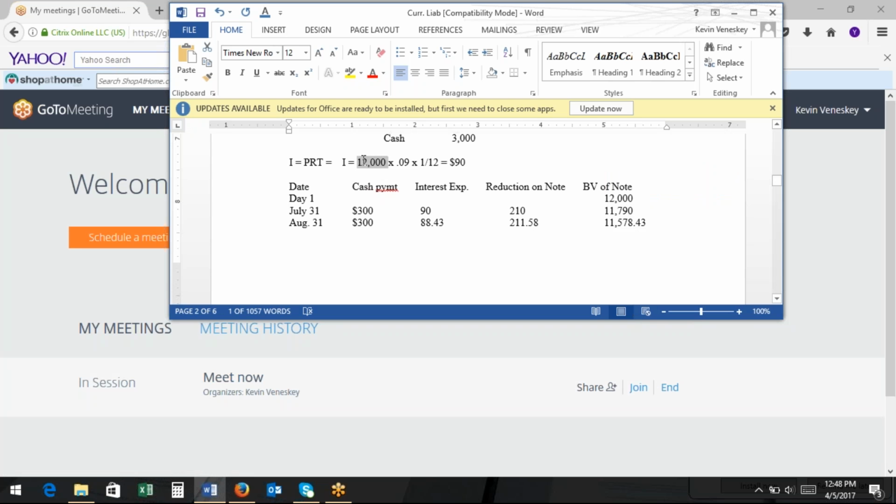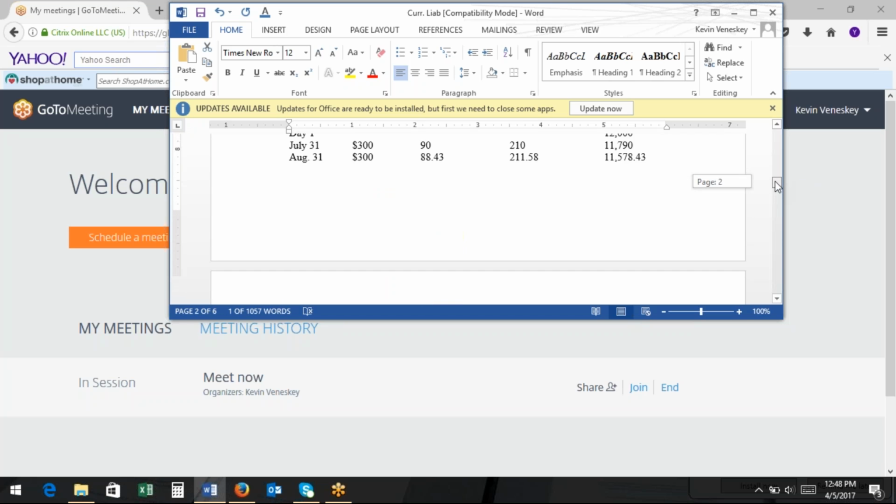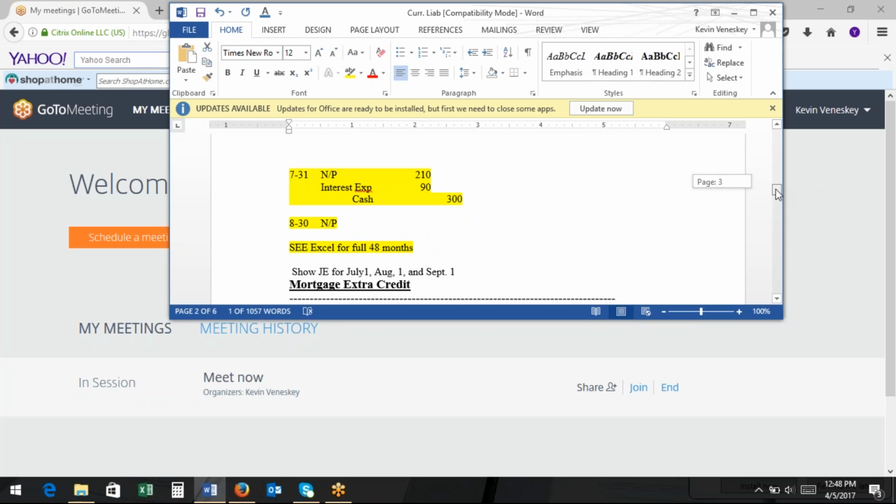So I redo my calculation for $11,790 and then work it out at 9% for just 1 month, from the beginning of August to the end of August. And that comes out to be $88.42 of interest, leaving the rest of it as a reduction of my note.